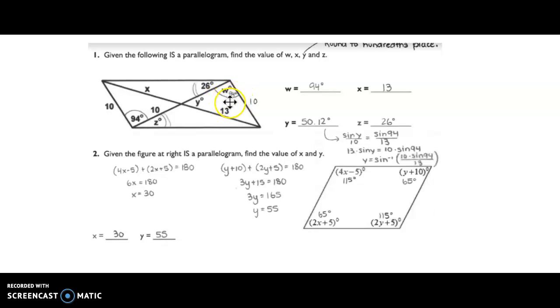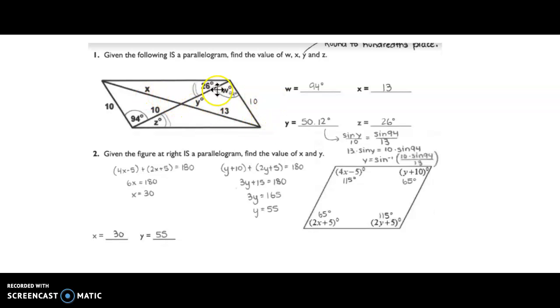And then Z, if this is 26, then this is 26. X is 13 because this diagonal is 13, or this half of it. Remember, diagonals of a parallelogram bisect each other, so if this is 13, then X is 13.